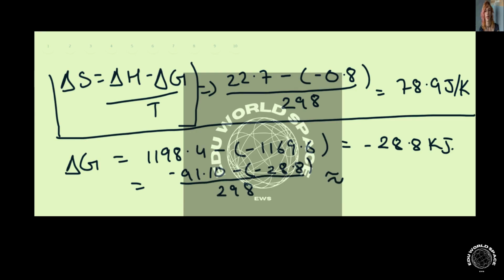The value of delta S turned out to be negative 209 joules per Kelvin. In this case, the entropy of the system increases when AgNO3 is dissolved in water, whereas the entropy of the system decreases when MgSO4 is dissolved in water.